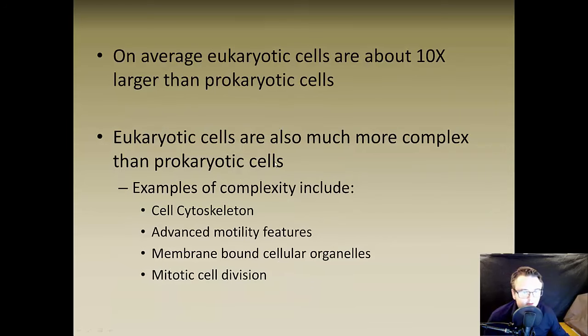And that's pretty significant. Also, when we talk about the complexity of eukaryotic cells, I use this word complex a lot, but I just wanted to mention a few examples here of what that actually means, and we'll talk about most of these. A cytoskeleton, for example, is really a whole infrastructure that is created around a eukaryotic cell to allow bigger size and allow for a more advanced internal structure.